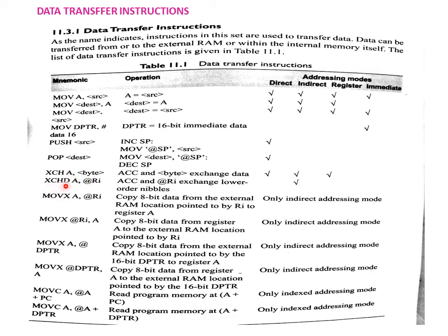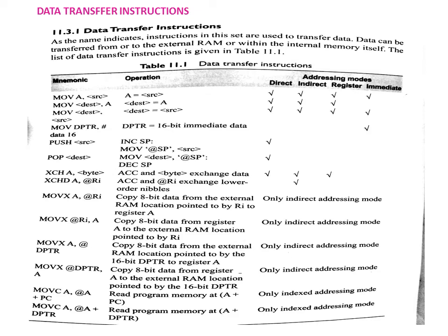Next, XCH A comma register address. If you use it like this, the data present in the lower nibble of the register is exchanged with the accumulator. By default, A is nothing but the accumulator register. XCHD is used to exchange only the lower order nibble.